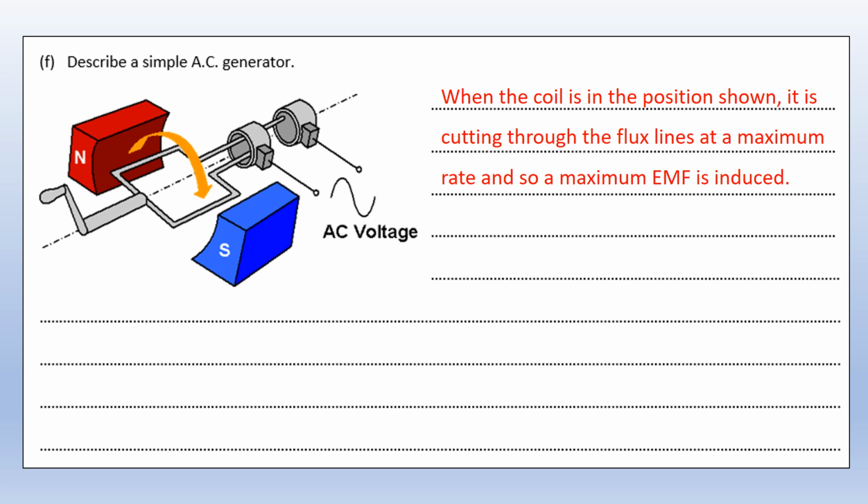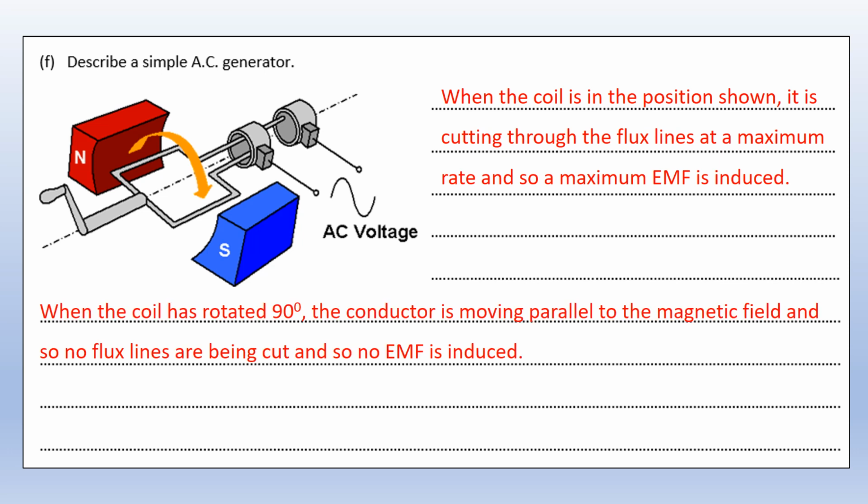As the two sides of the coil are moving upward and downward respectively, those are going to cut through a lot of field lines, and you're going to get maximum EMF induced at that point. When the coil has rotated 90 degrees, the conductors are then moving parallel to field lines at that moment in time, so no EMF is induced.